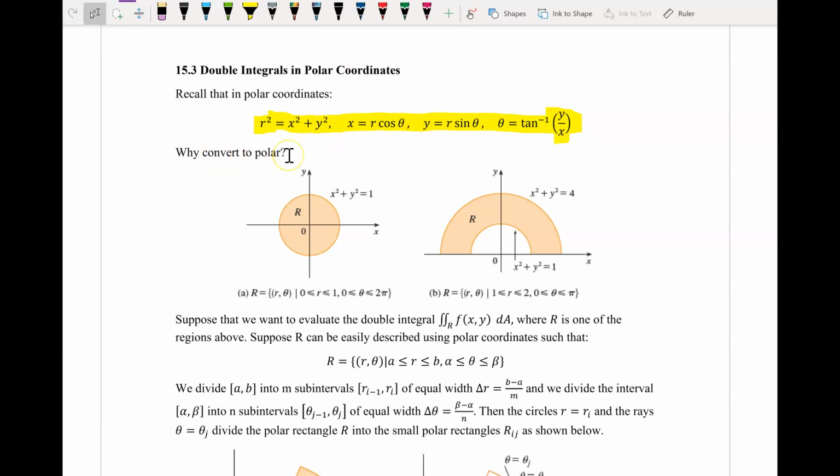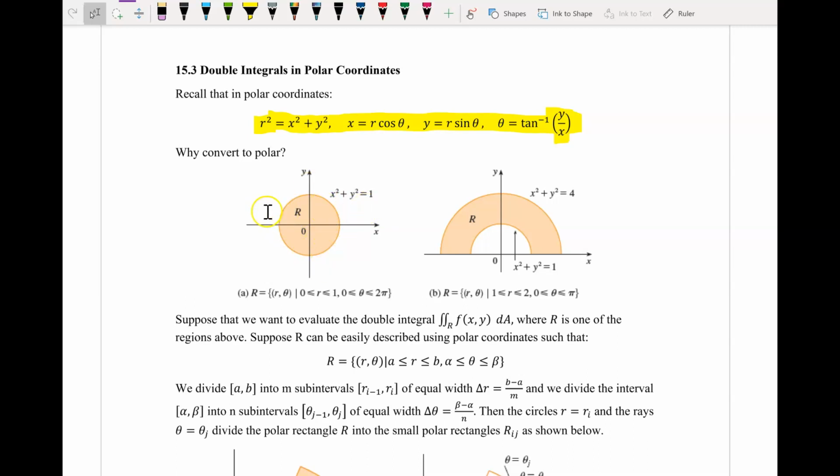So why convert to polar? Well, usually you have regions that are really hard to integrate. If this is a region, you would have to take the lower part of the circle and the upper part of the circle as the limits of integration.